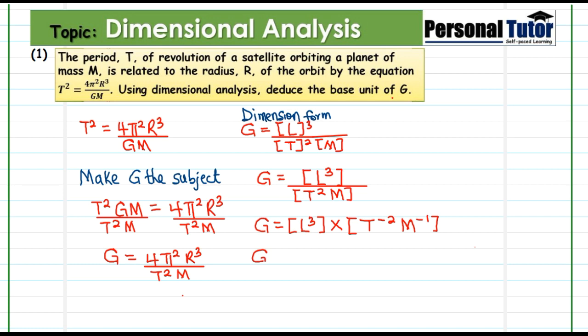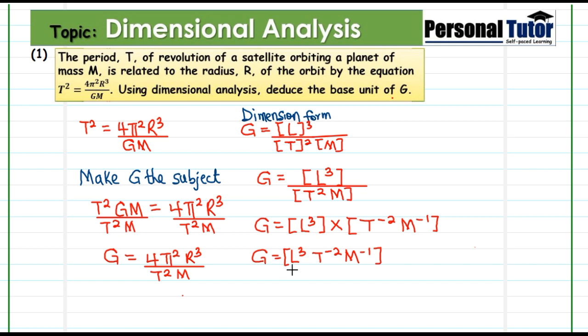So G equals, let's then multiply. Look at it. L is only 1, so that will be L to the power 3. Then T to the power minus 2. Then M to the power negative 1. So this is how G has been solved dimensionally.